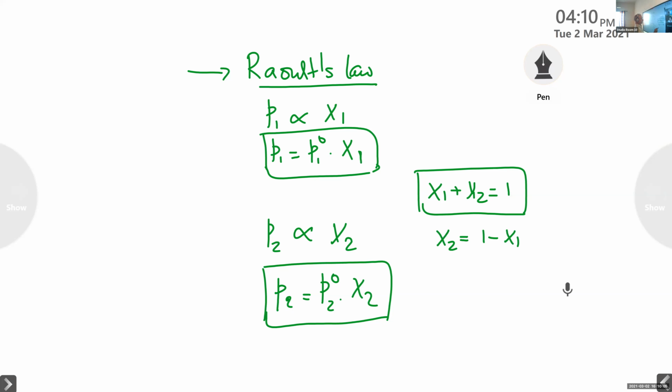Or we can write x1 is equal to 1 minus x2. So, remember this one only: x1 plus x2 is equal to 1. The sum is equal to 1.